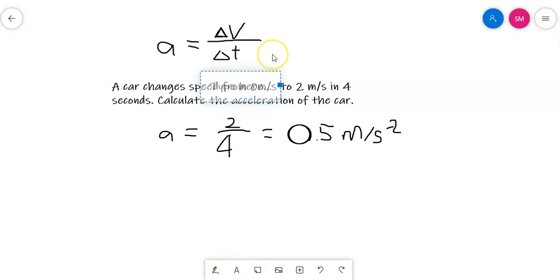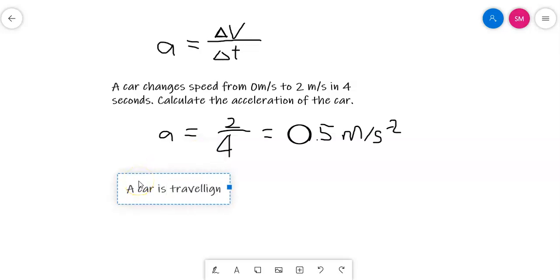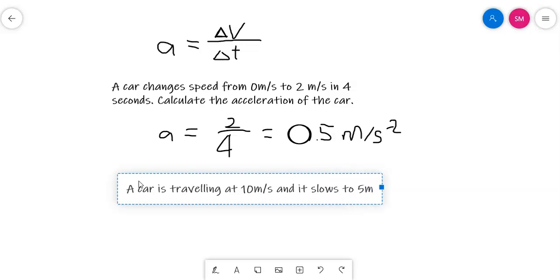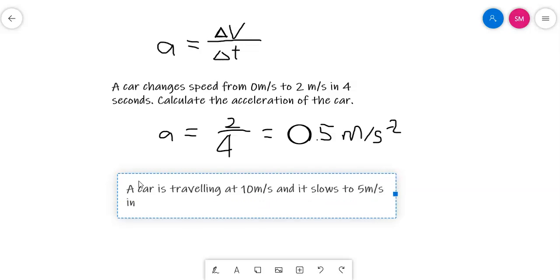A car is traveling at 10 meters per second, and it slows to 5 meters per second in 2 seconds. Calculate the car's acceleration.